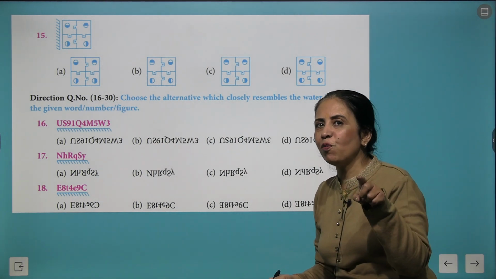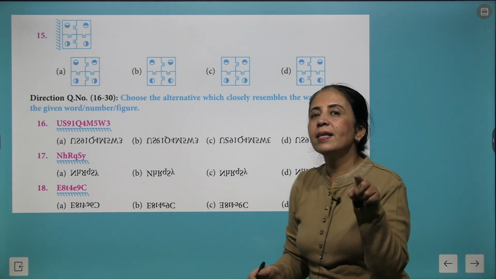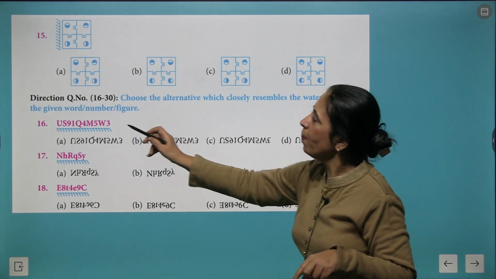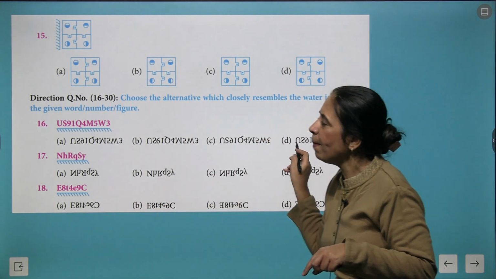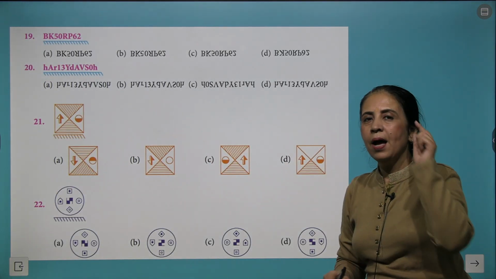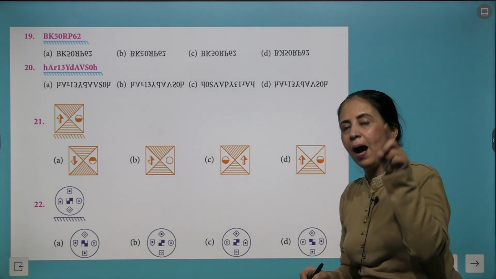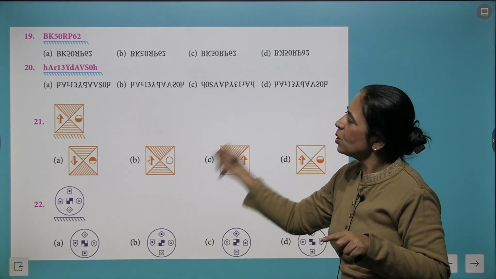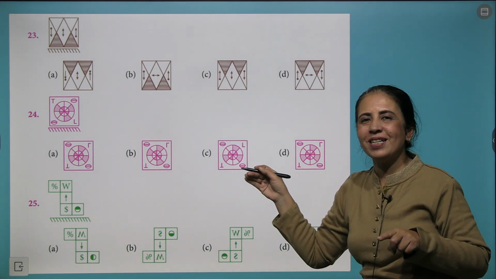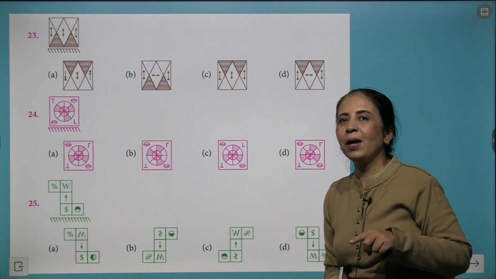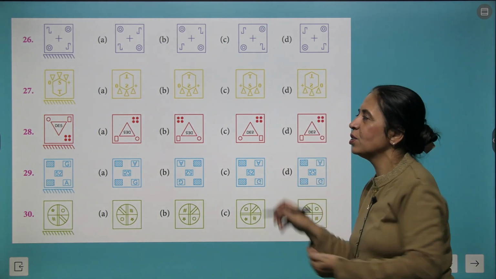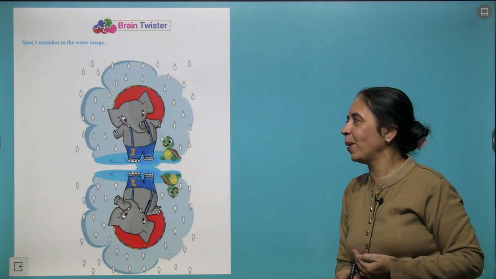What is the key rule for water image? Yes, it is upside down. Okay, so make sure that you come up with the right answer, always remembering upside down at equal distance. So here we go with more questions for you, and I know you will become a logically smart student once you start solving these questions.